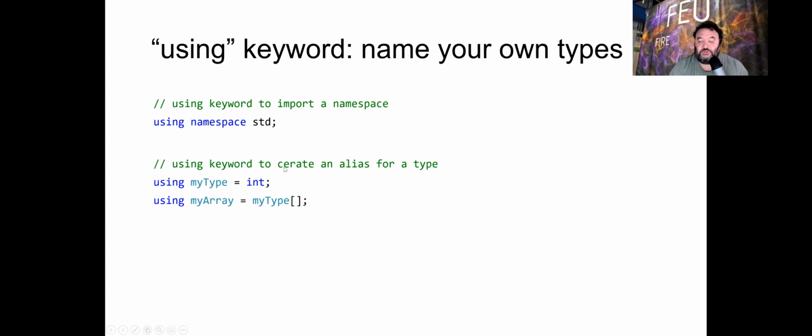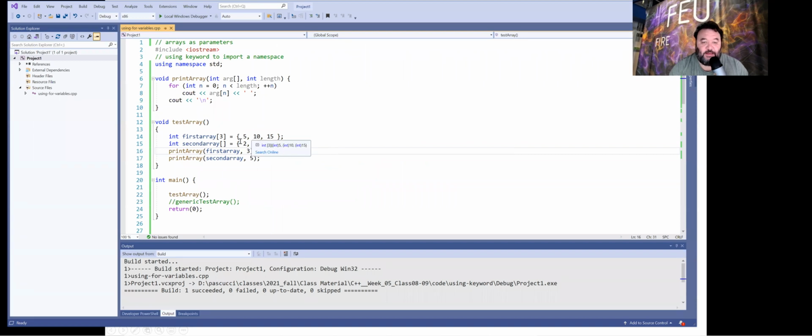So let me see with a practical example from the previous code how this could be useful. This is a piece of code that we saw before. I test an array that creates two arrays, one of 3 integers and one of 5 integers, and then it calls the print function for an array as described here.